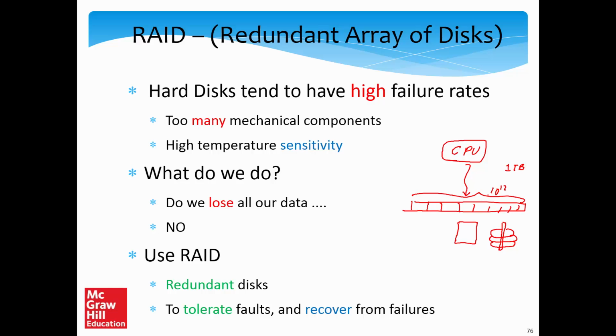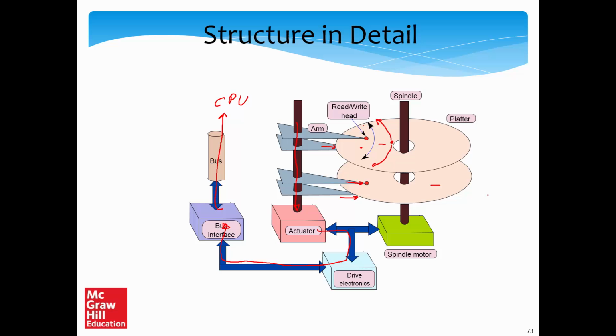But recall that internally the hard disk is a fairly difficult device. It has magnets. If you expose a hard disk to a strong electromagnetic field, it might lose its data.